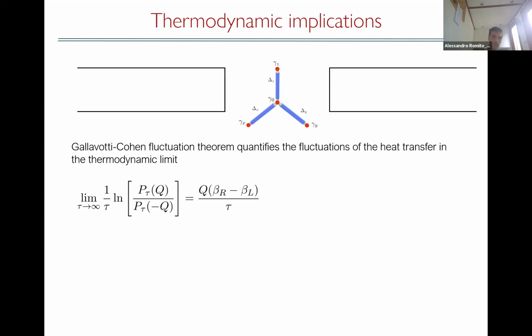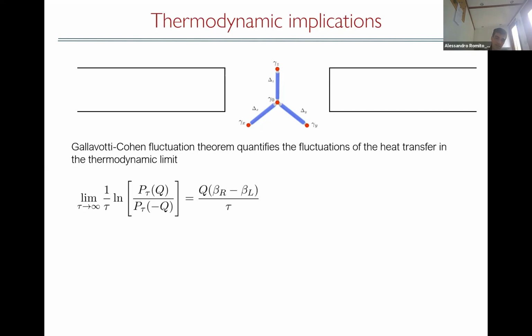A standard way to do this kind of analysis is to look at the full statistics of the heat transfer. I think it's pretty hard to measure experimentally, so this is a purely theoretical aspect. But there's something interesting about that, and this has to do with fluctuation theorems.